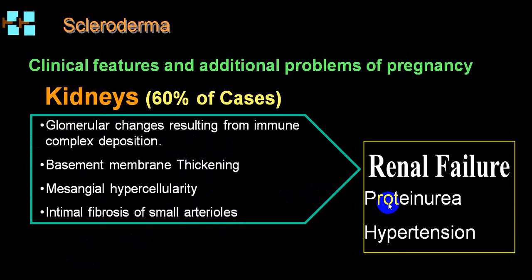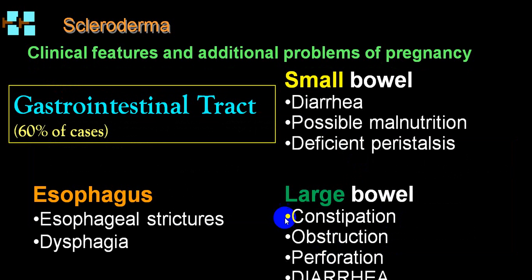In kidney, proteinuria and renal hypertension. GI tract, esophagus, esophageal sphincter, strictures, dysphagia. Small bowel, diarrhea, malnutrition, decreased peristalsis. Large bowel, constipation, obstruction, perforation, and diarrhea.